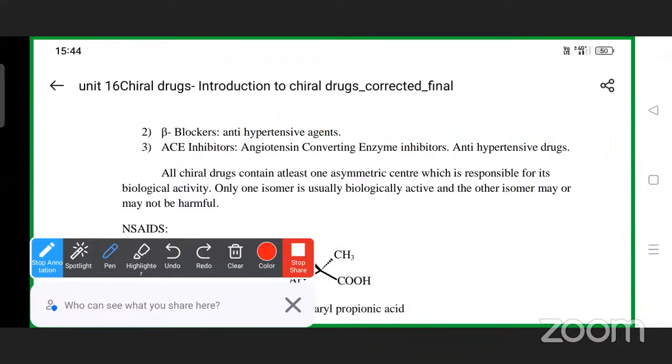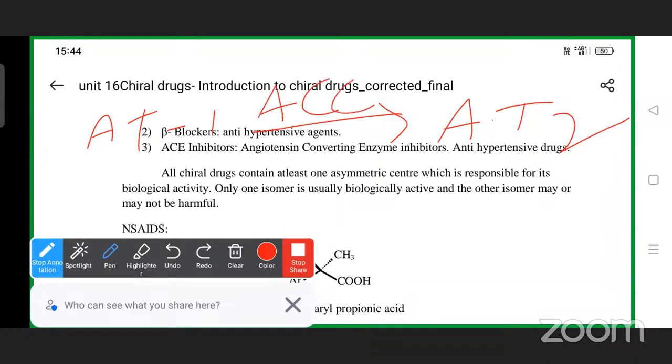So generally angiotensin 1 converts into angiotensin 2. The decapeptide converts into the octapeptide in the presence of ACE. This decapeptide is the inactive form, and the octapeptide is your active form.